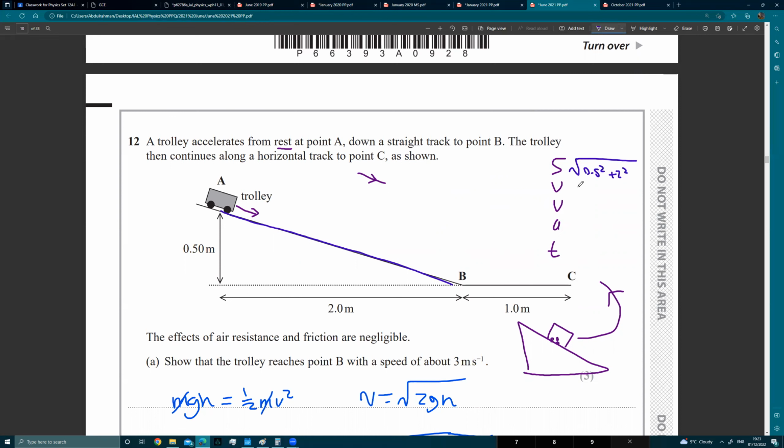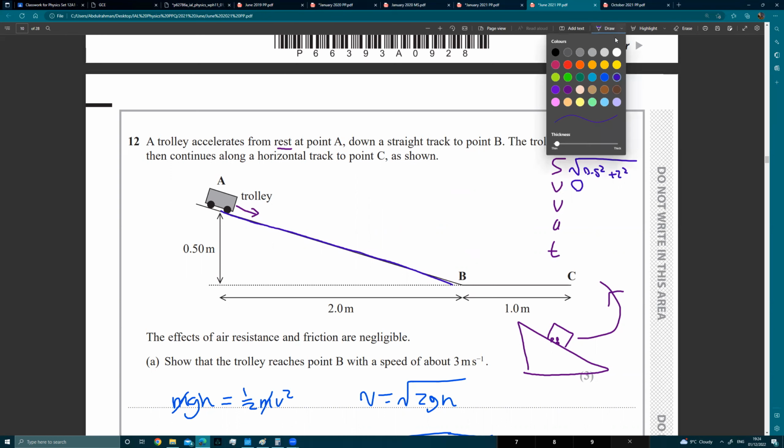What's the initial velocity? It started at rest, so 0. I don't know the time. I don't know the final velocity, but I do need to know the acceleration. So isn't that positive 9.81? No, because it's not down. I thought you said if it's going straight up or down, it's negative 9.81, but on a plane, it can be positive 9.81.